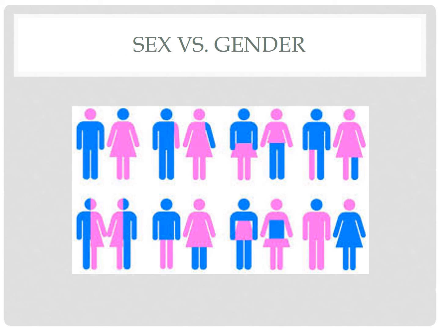Of course, this class will also be using gender as a critical lens through which to study various health issues. That being said, it is essential that we differentiate between the terms sex and gender from the very outset of the course. Sex refers to whether or not a person has male, female, or intersex biological characteristics.